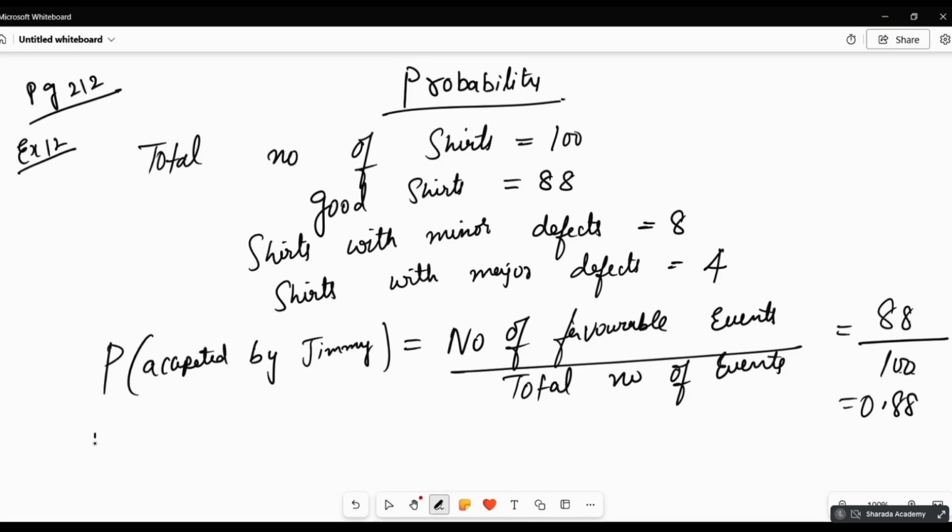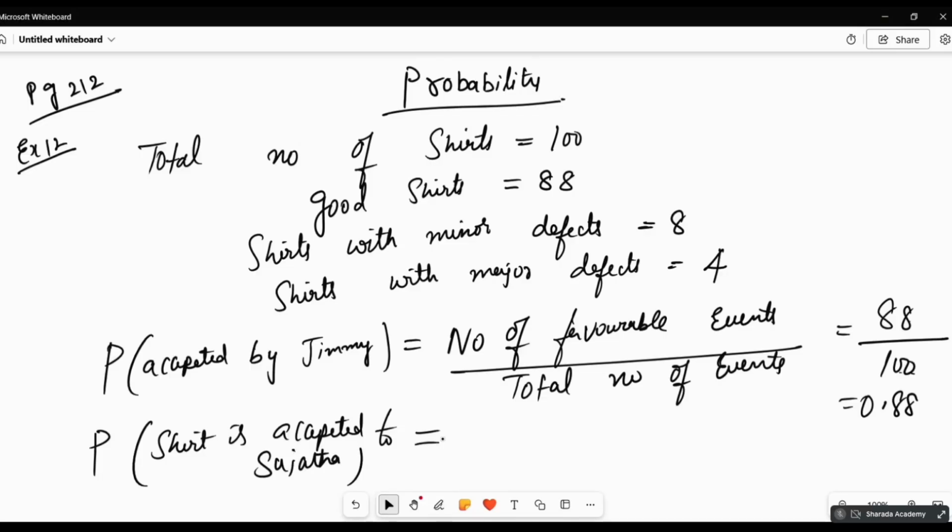Then the probability that the shirt is accepted by Sujata. She will not accept only when there is a major defect.